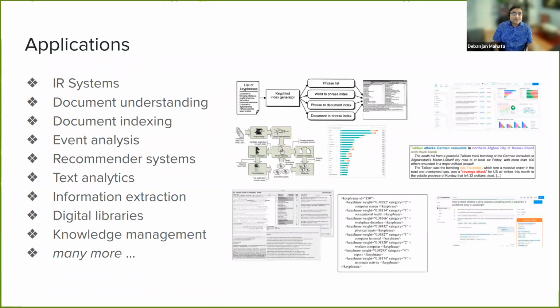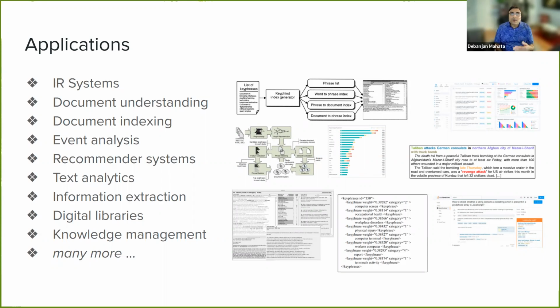But now, why would we at all bother about key phrases? There are several applications, especially in industry. Key phrases really help in information retrieval systems, understanding documents, indexing documents, even analyzing events. They're a part of content-based recommender systems.